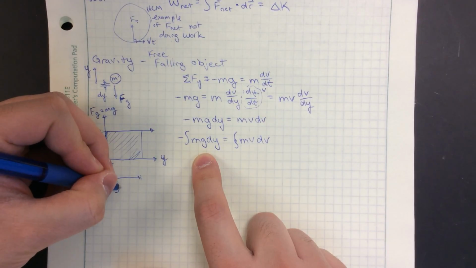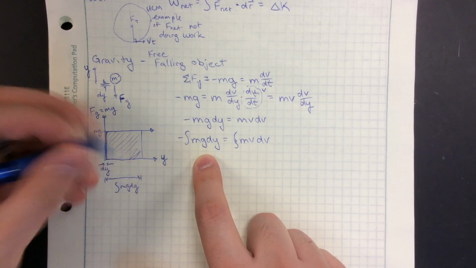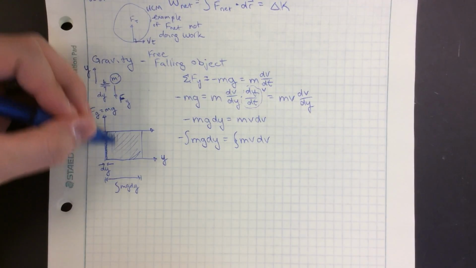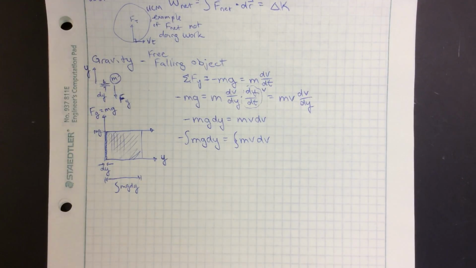That's your integral. You're adding it up over the whole space. You're adding up a bunch of these little boxes, which is essentially a Riemann sum.